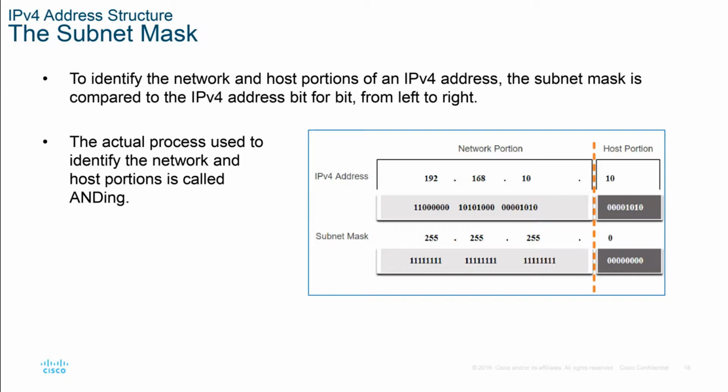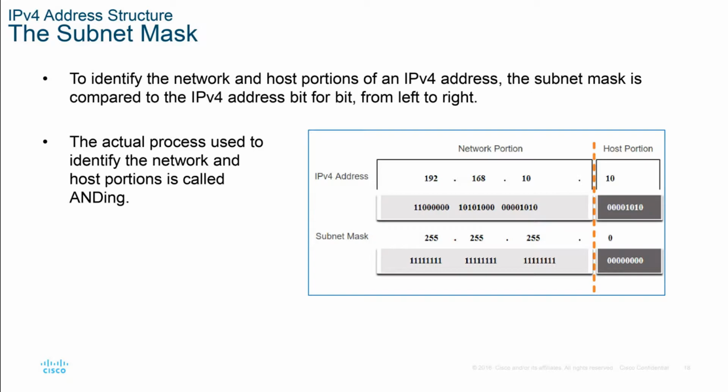It's going to get trickier when we get a little deeper into this, but if you look right here, anywhere you have a 1 in the subnet mask is identifying what we call a network bit, which identifies the network address. Anywhere you have a 0 in the subnet mask, this bottom portion, is identifying a host bit, which identifies the host portion of the address.